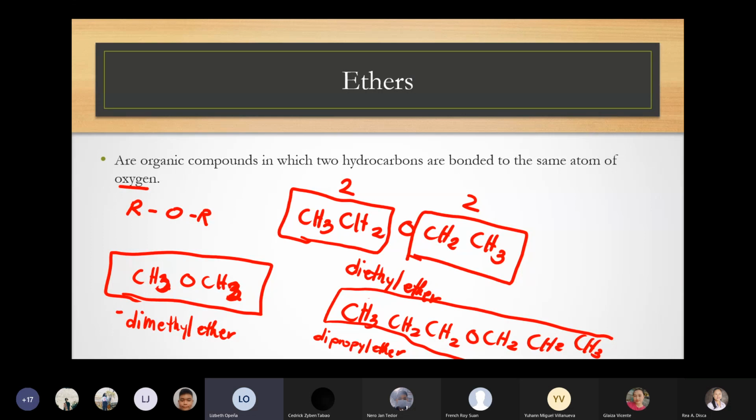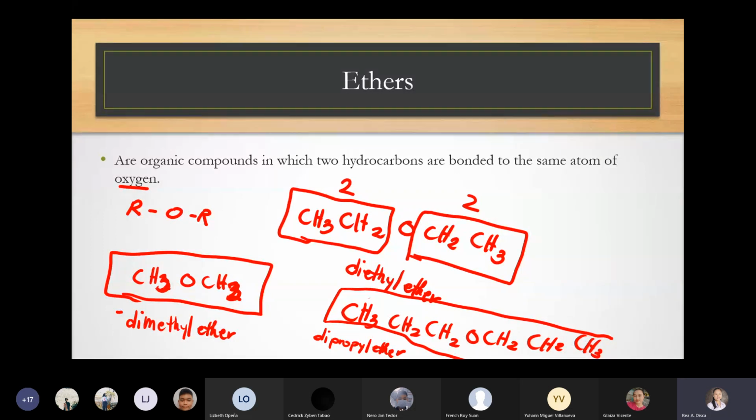Ma'am, may tanong ako. Two on the right, ma'am, then one on the left. Pwede siya, ma'am, or hindi? Hindi. Okay, why? Kasi di ba, ang ether natin, they can be represented by the ROR, where R may be the same hydrocarbon group as R or a different one. So ethers like alkanes are not very reactive.